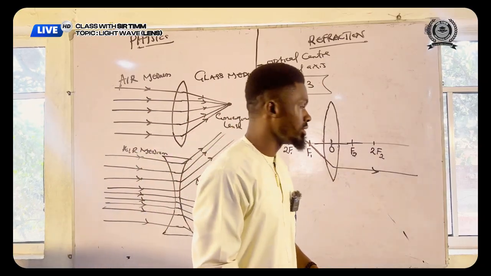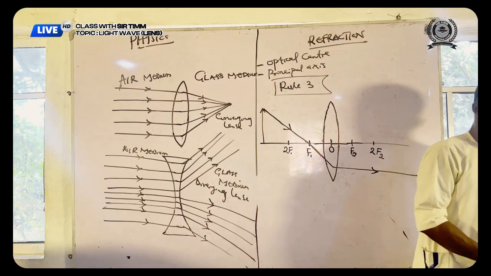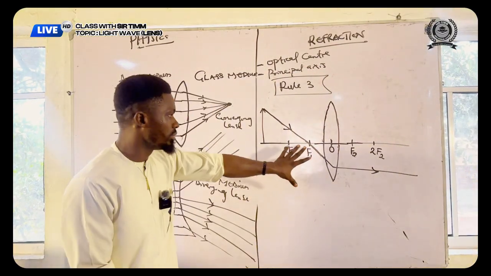Moves parallel on the other side with the principal axis, however you want to put it. You have it on the board, right?